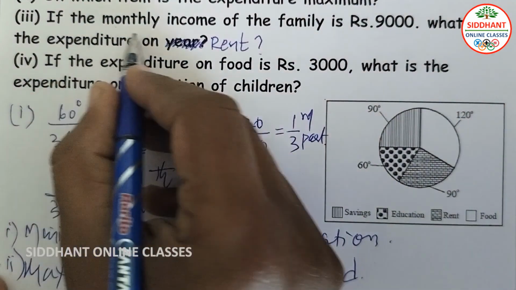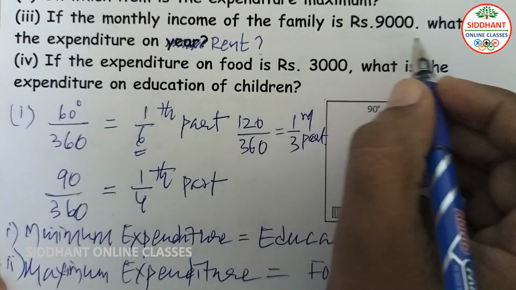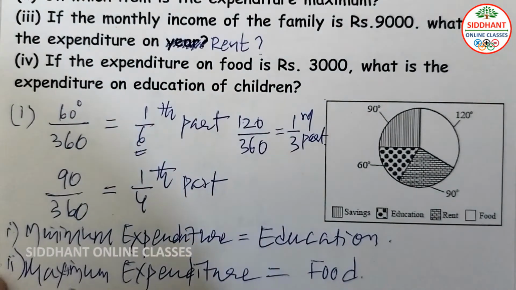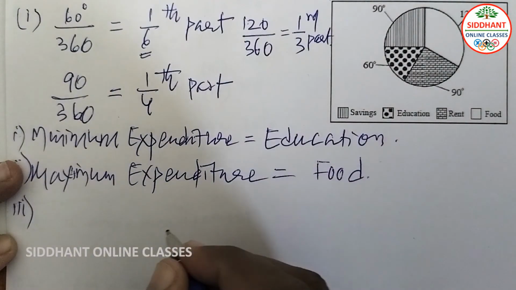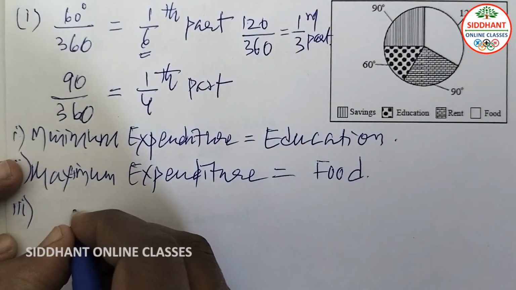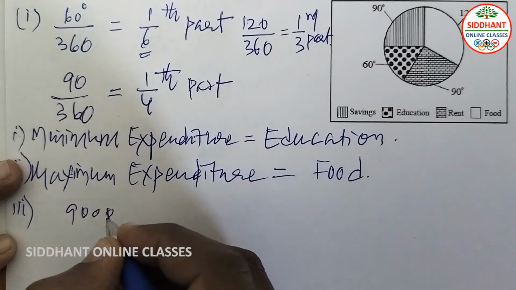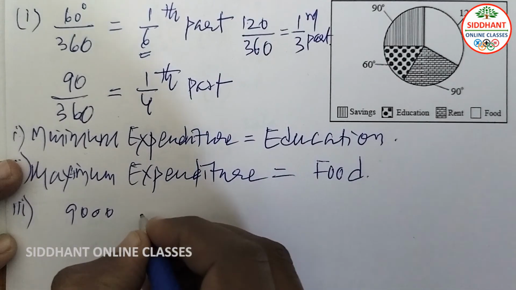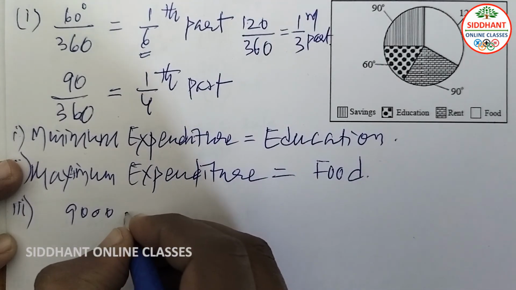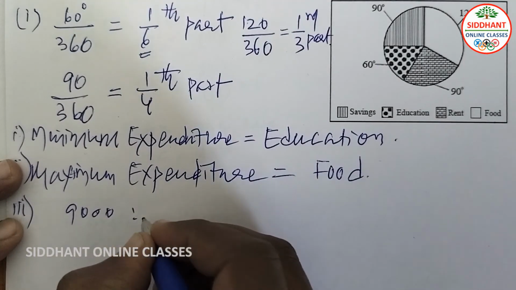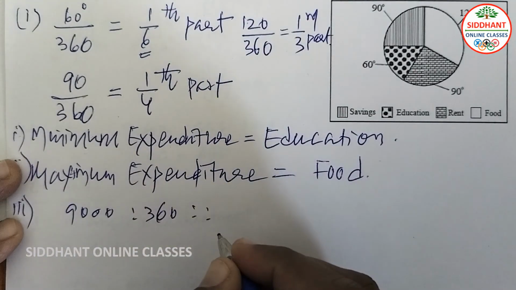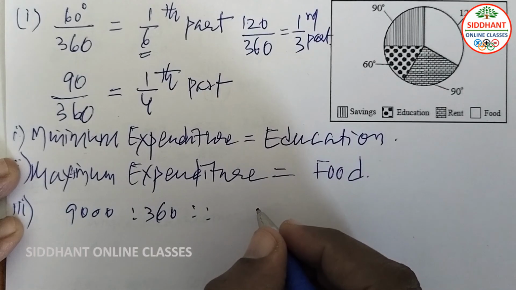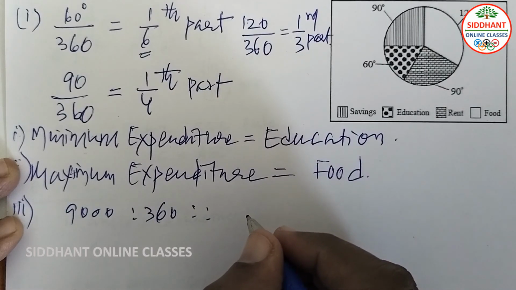Third question: if the monthly income of the family is 9,000, what is the expenditure on rent? So the monthly income is 9,000, which is equal to 360 degrees. Next we are going to see what is the expenditure on rent.